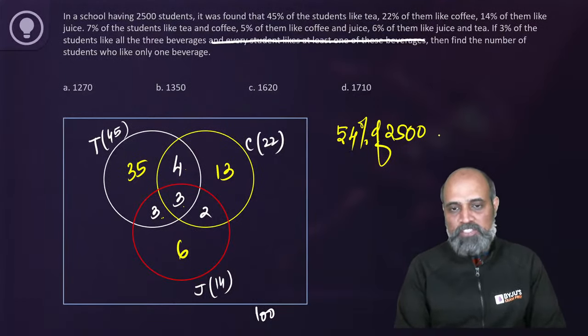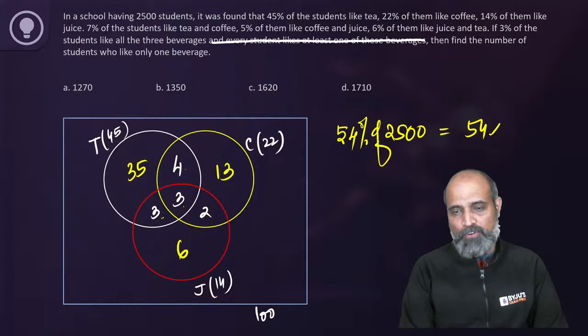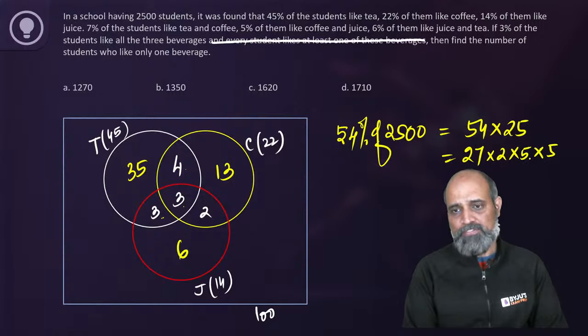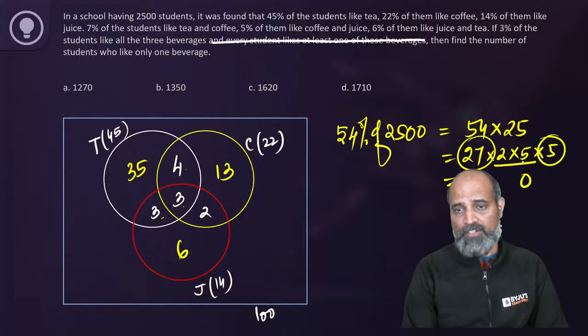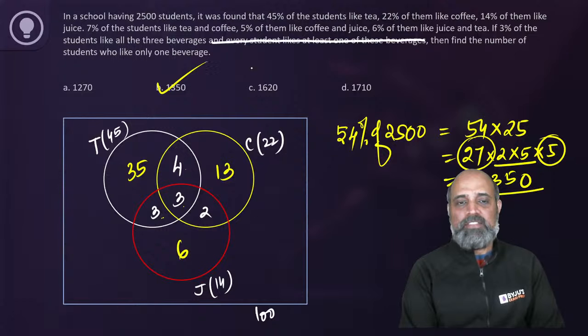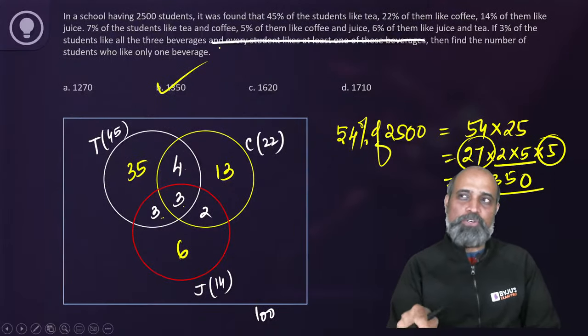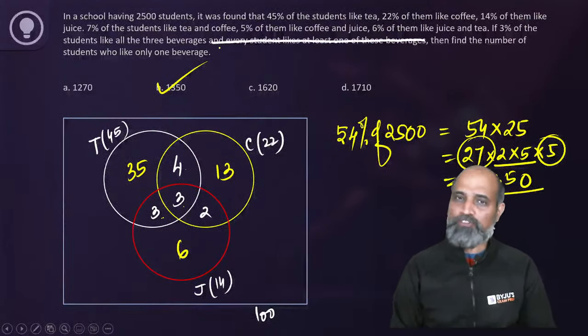Now 54% of 2500 is the same as 54 into 25, which is the same as 27 into 2 into 5 into 5. 2 into 5 is going to end in a 0, and 27 into 5 is nothing but 135. So yes.